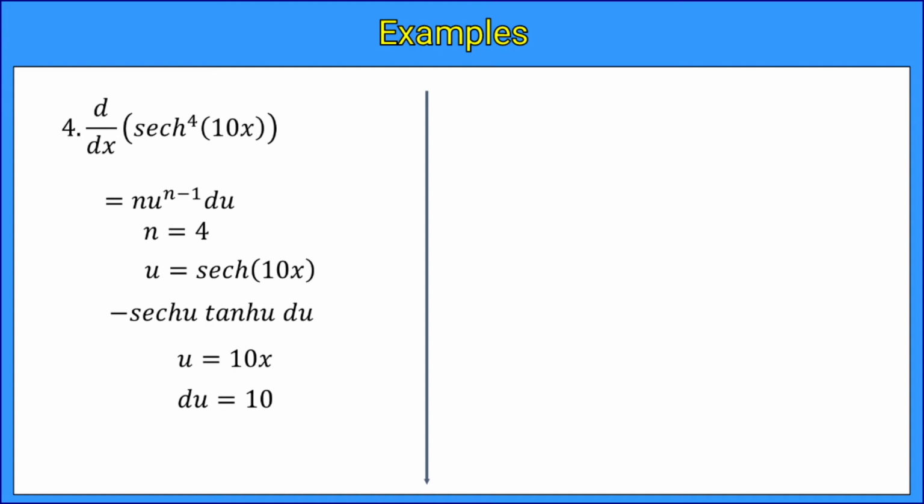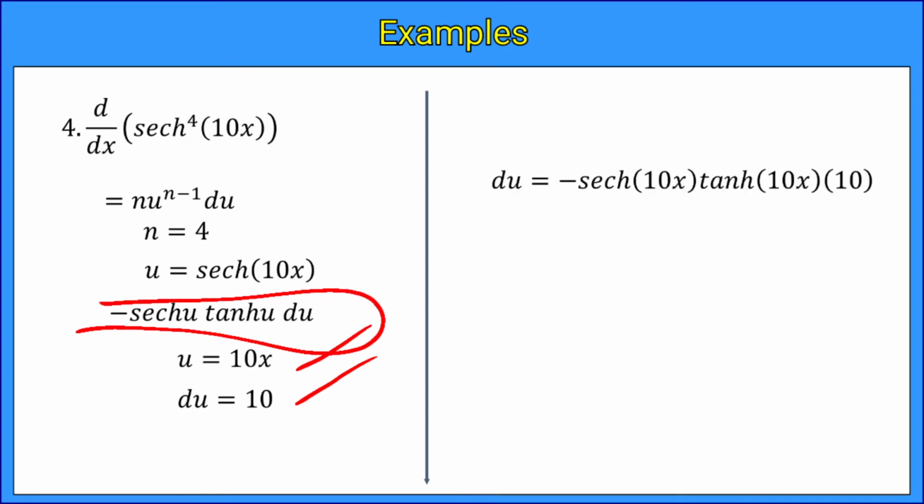Since we have u and du already, again, focus on this part of our rule, plug in this value, and we're gonna get du equals negative hyperbolic secant 10x times hyperbolic tangent 10x. And we have the constant here as well, and we can move it to this part. So we have negative 10 hyperbolic secant 10x hyperbolic tangent 10x. So we have the value of du already.